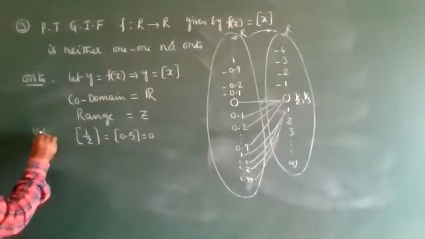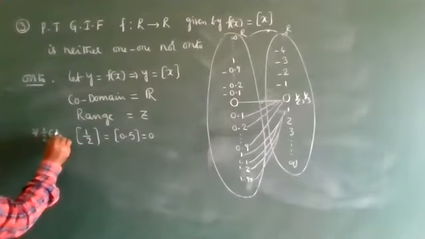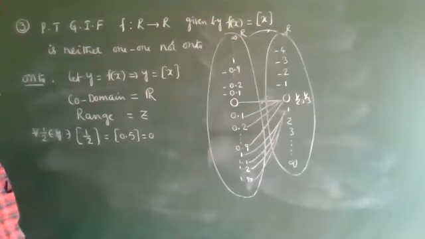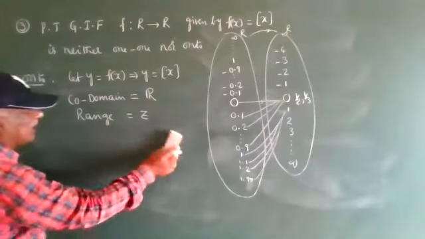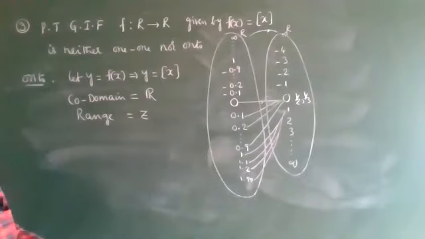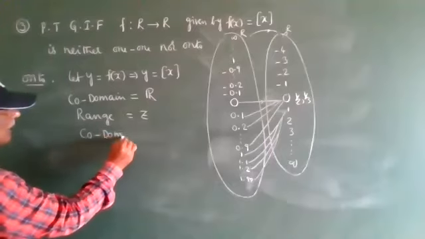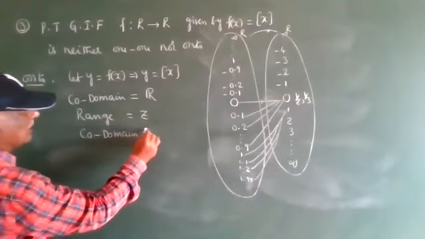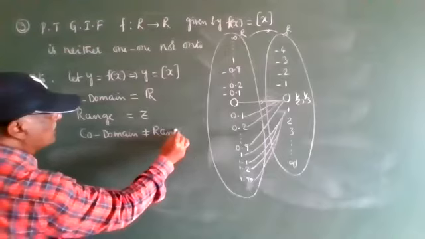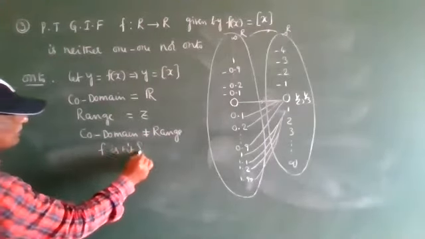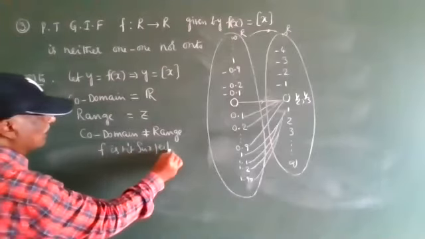For 1 by 2 belonging to the domain, there is no y such that it belongs to the range, so there is no fraction. We are getting the integers only. Therefore the codomain is not equal to the range. Therefore f is not surjective.